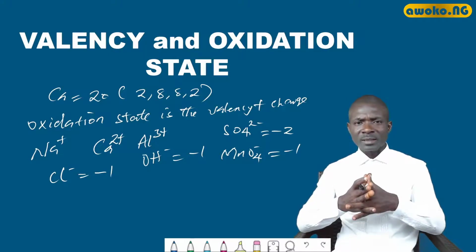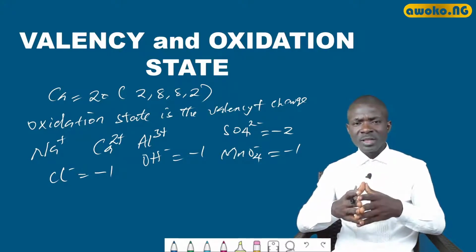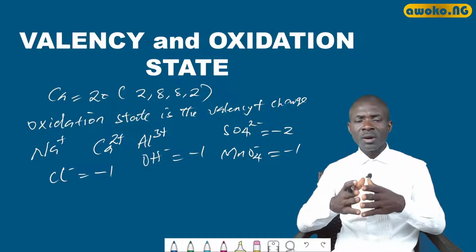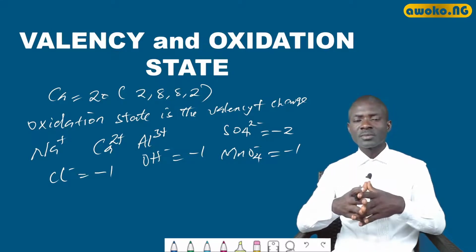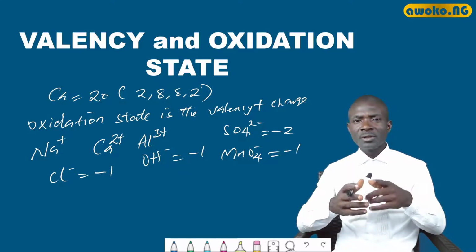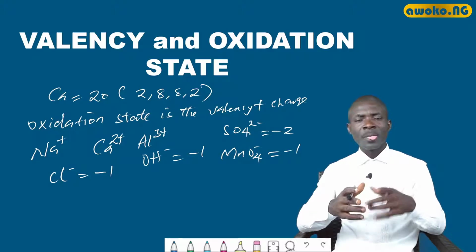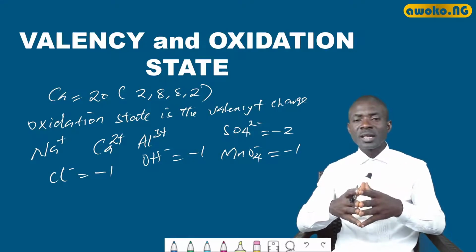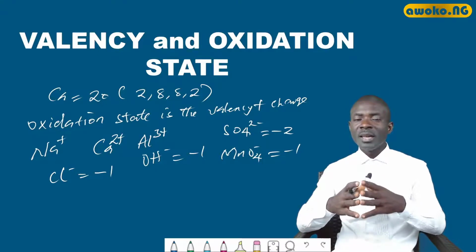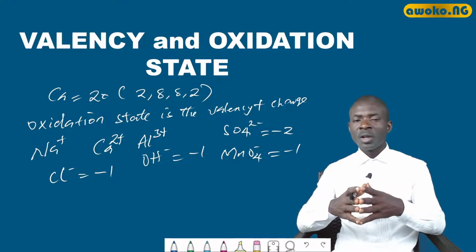Having talked about that, the oxidation state of an element or of an atom in a compound can be determined using some set of rules. What are those rules? The first rule states that the sum of the oxidation states of elements in a compound is equal to 0.